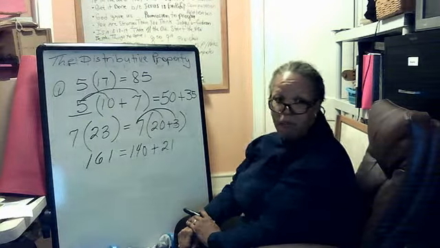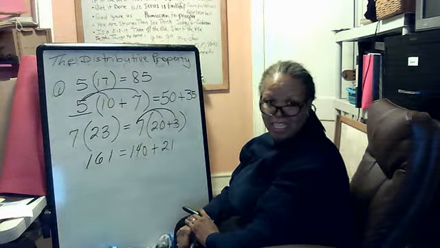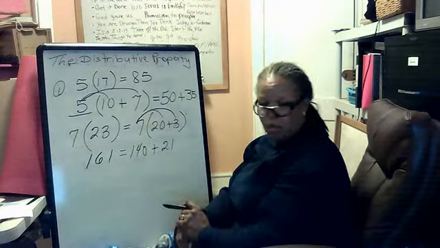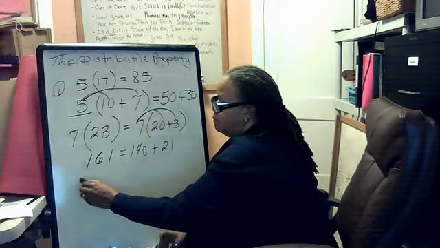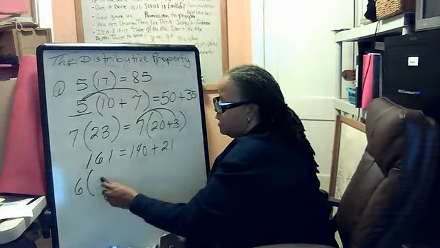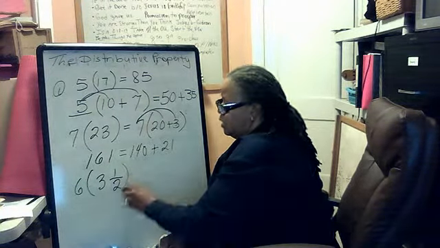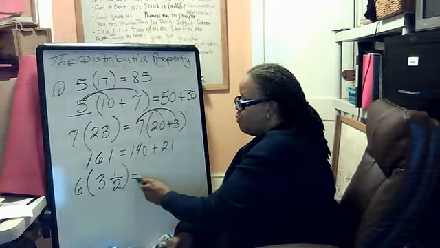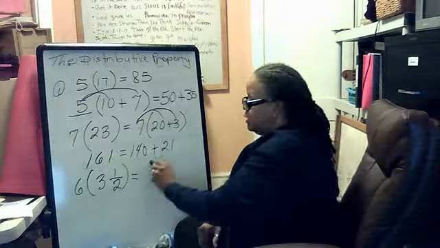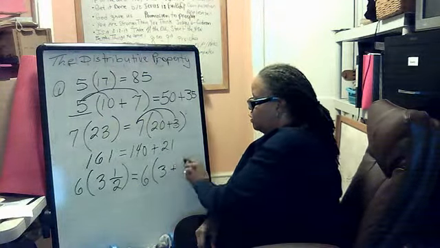The distributive property is phenomenal when you're working with fractions or decimals. Let's look at one with a fraction. I'm going to say 6 times 3 1/2. 6 times 3 1/2 can be broken down into 2 parts. 6 times 3 plus 1/2.